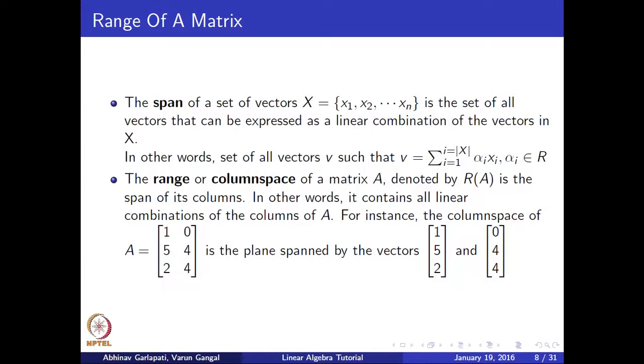If you consider the matrix given here, the columns of this matrix A are (1, 5, 2) and (0, 4, 4). So what would be the column space of this matrix? It would be the span of the vectors (1, 5, 2) and (0, 4, 4), which is essentially the plane spanned by these two vectors.